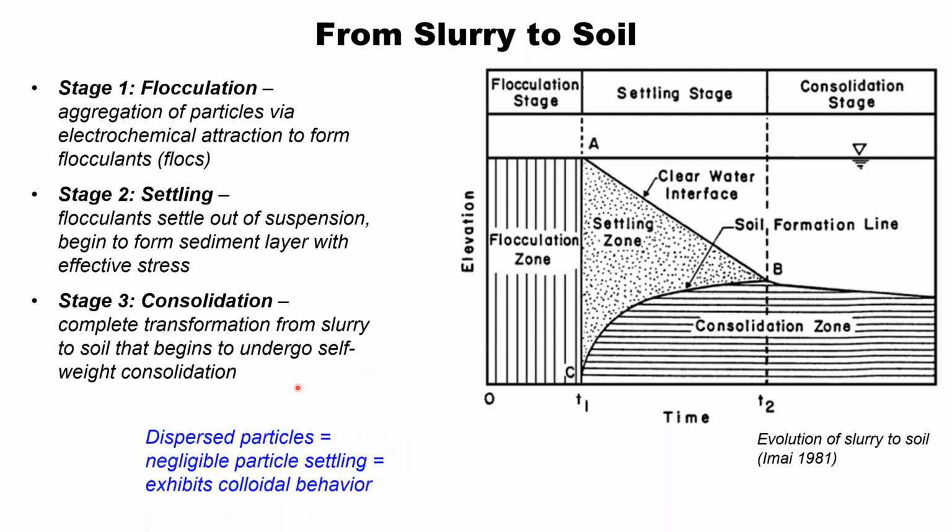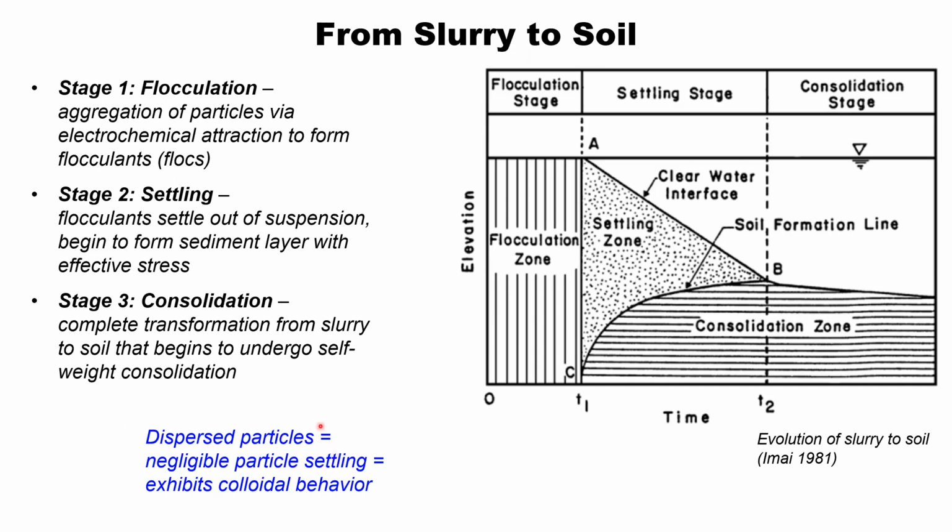Now, dispersed particles, ones that do not flocculate well, whether due to the particles themselves and their net charges or due to the types of geochemistry present, are typically not going to settle, even after long periods of time, simply because there's not enough quiescent time in ponds in most facilities.